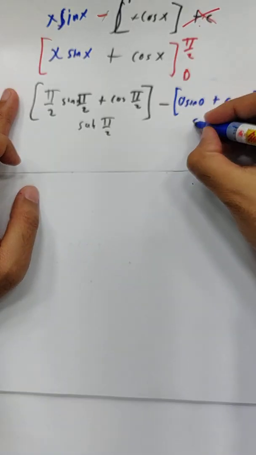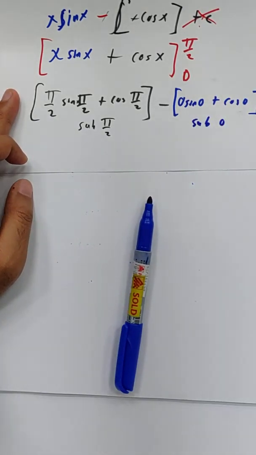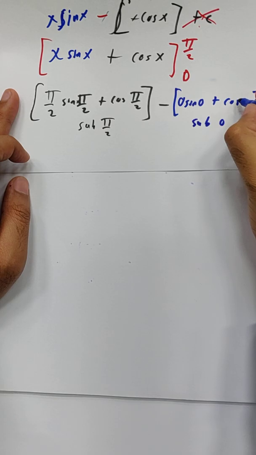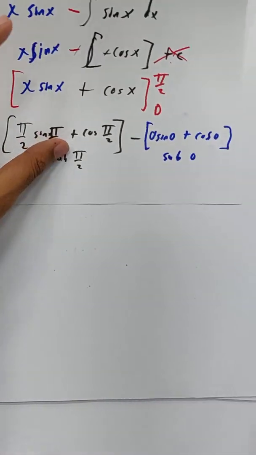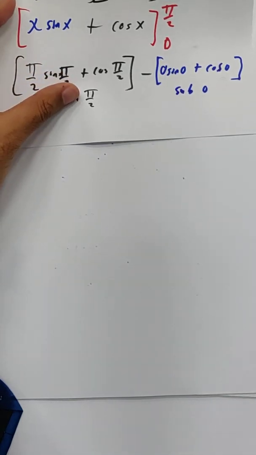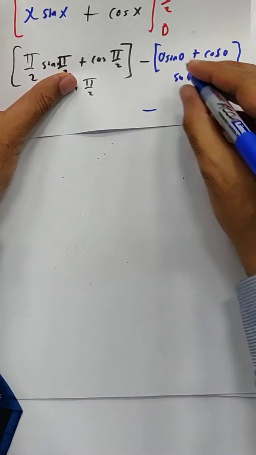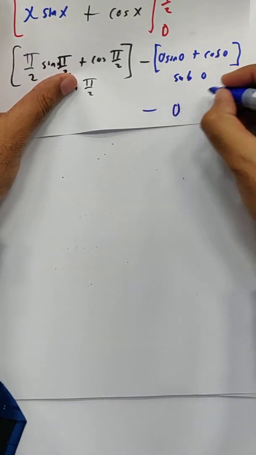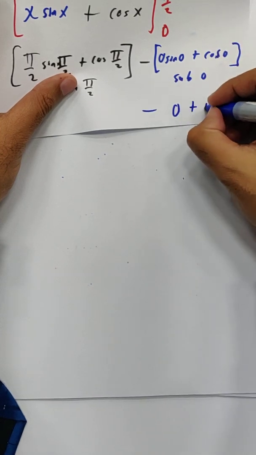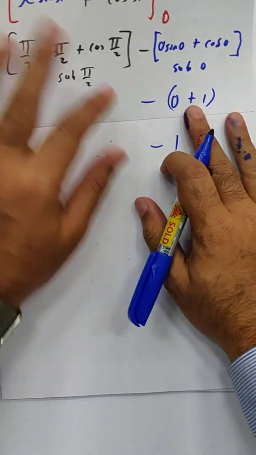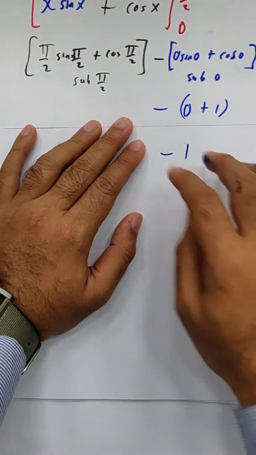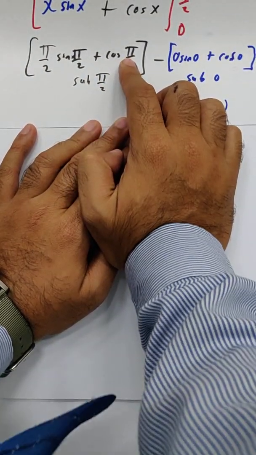The right side is when you sub 0. Let's do the right side first, it's easier. Right side, you get yourself 0 sin 0, 0, cos 0, simply 1. So negative 1. Okay, now the complicated part. Cos pi over 2 will give you what?